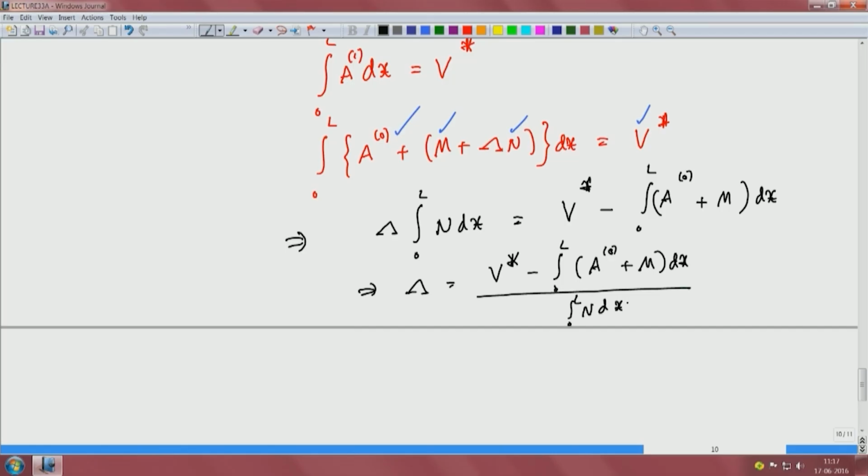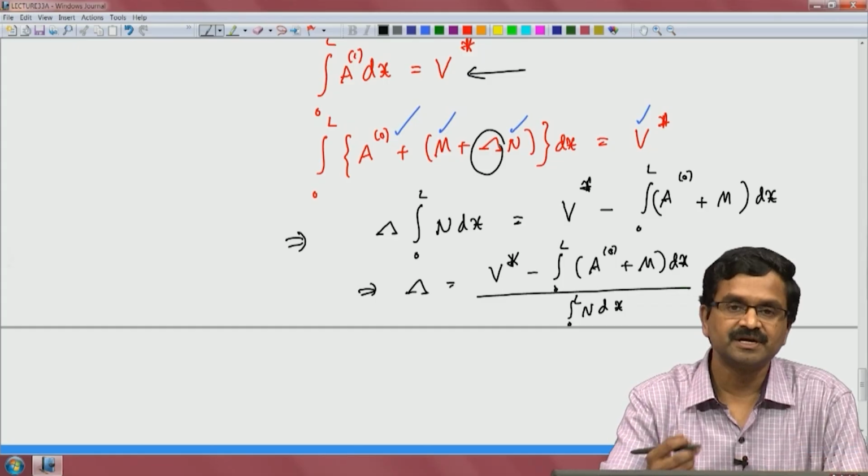Basically, if n equal to 1, it will just become L, but in general you can get lambda. That is also analytical because our constraint here is linear in area of cross section. If it is non-linear, we have to do that also numerically. But in whatever case, a single variable lambda is our variable now, and we can find that using an equation.